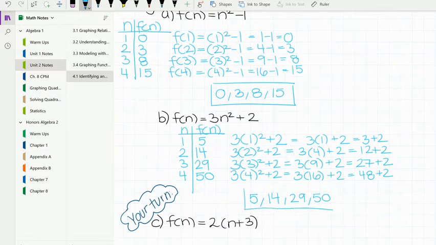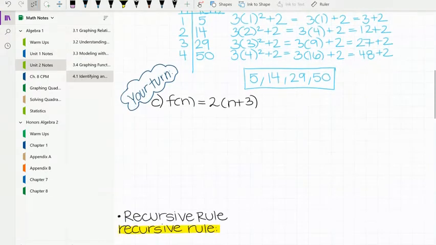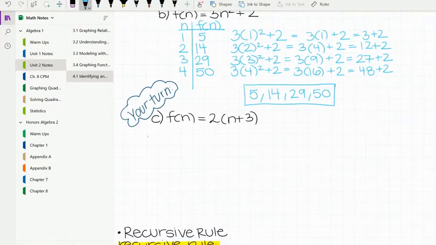The next problem is a your turn, which means you're going to try it on your own, and then we will do it together. For this one, same setup. We have our n and our f of n, and we want to find the first 4 terms. So I just plug in 1. This one's actually pretty simple. It's going to be 2 times 1 plus 3, which is really just 2 times 4, which is 8.